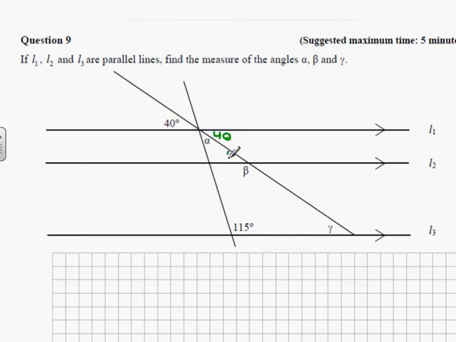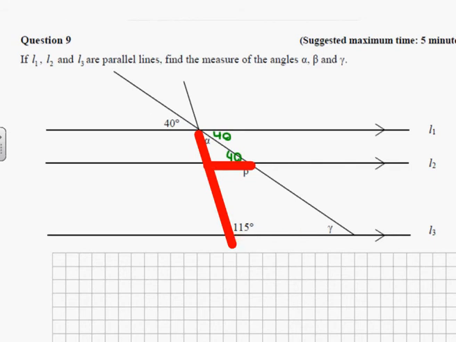Alright. And next thing, what can we say about this one here? 115. It's a corresponding angle, that's upside down. Do you agree with that?